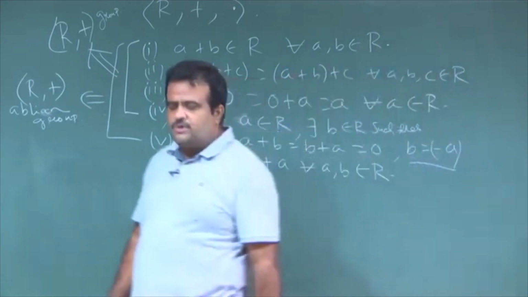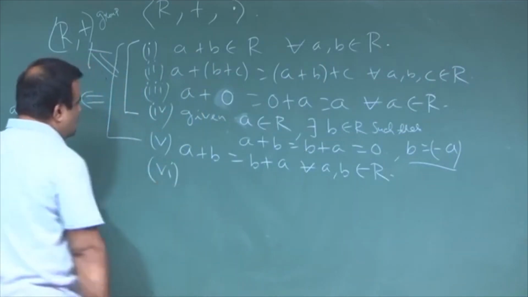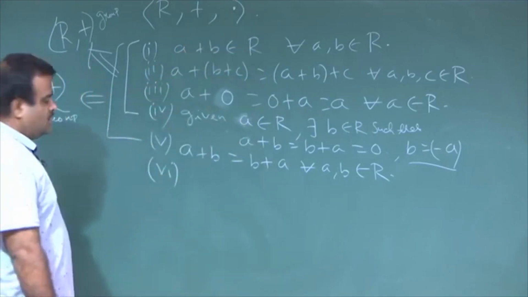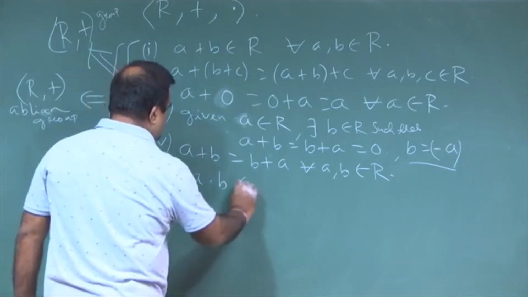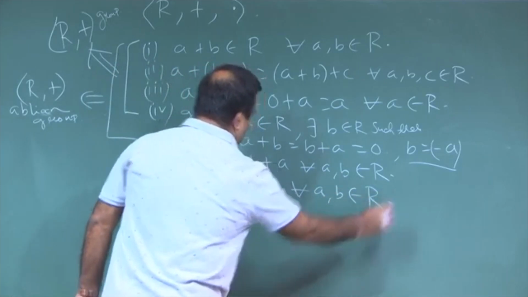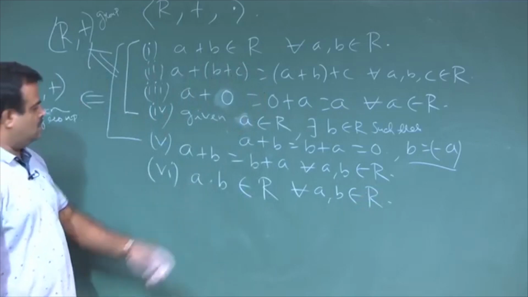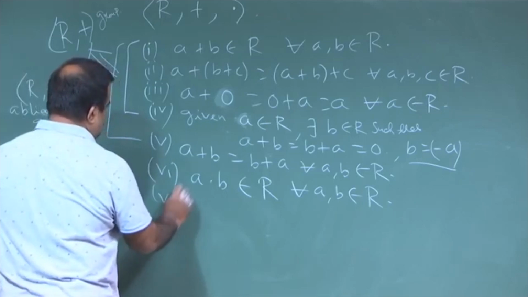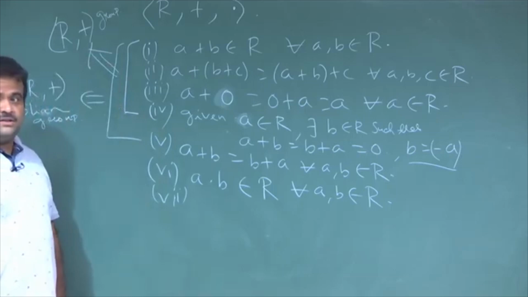Now, we want a semigroup under the dot. So, this is property number 6. Now, we will talk about properties with this operator. It must be closed. That means A dot B must belong to R for all A, B. So, this is the closure property of dot, and then 7, it must be associative under this dot.